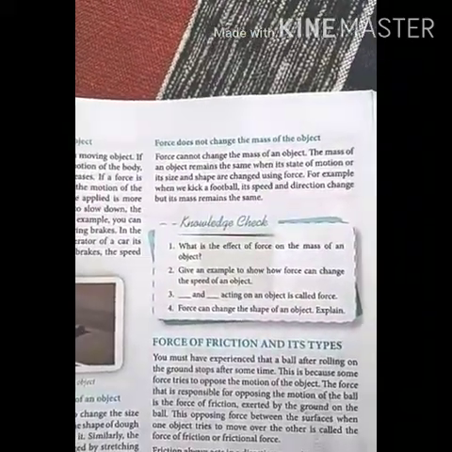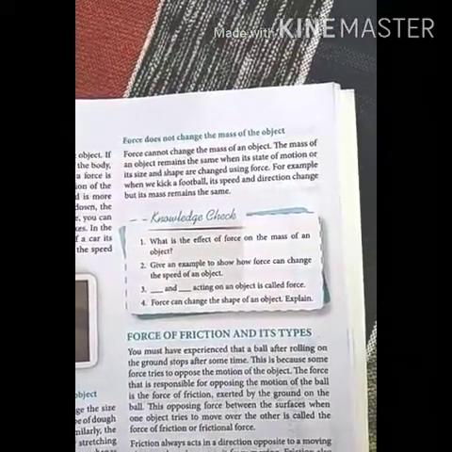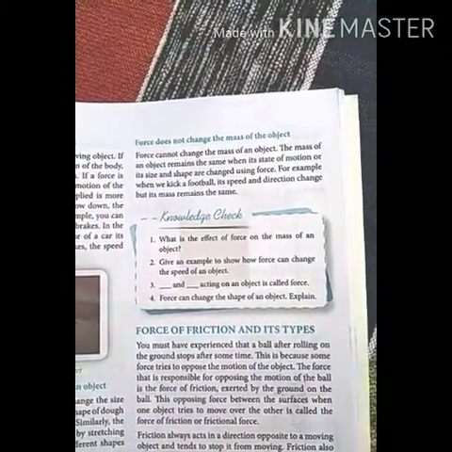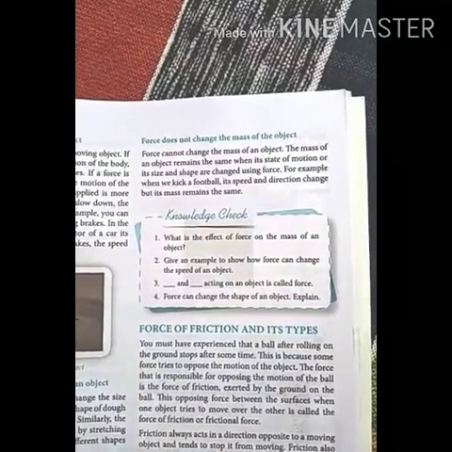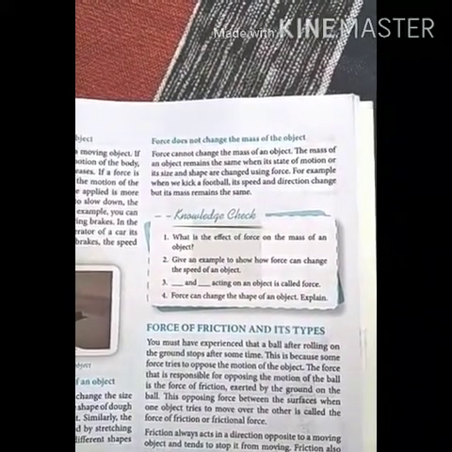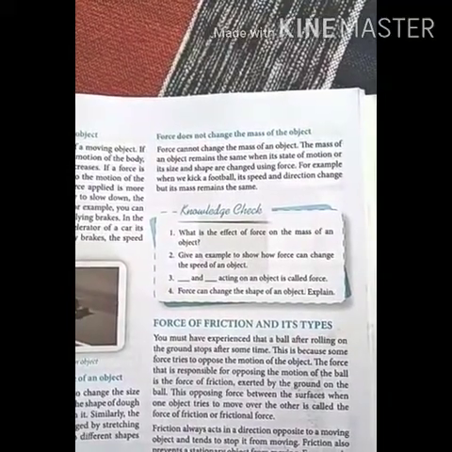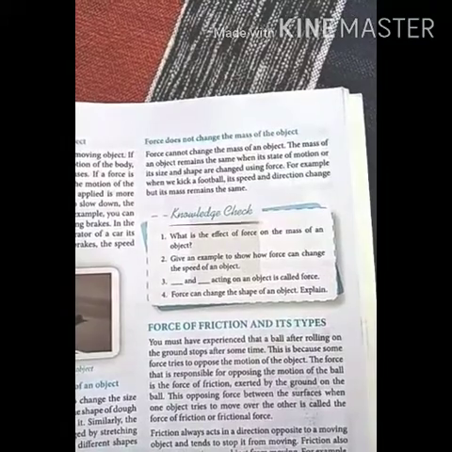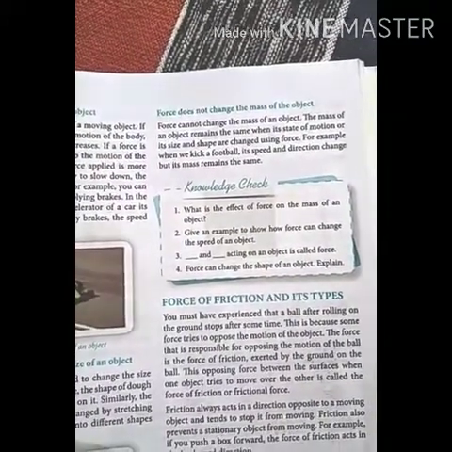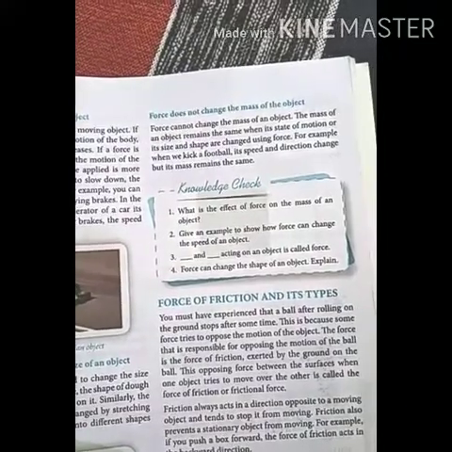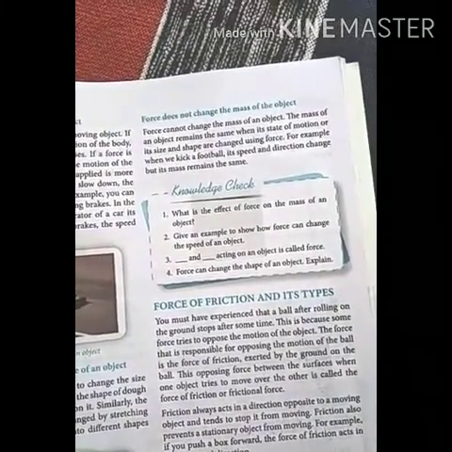Now, force does not change the mass of an object. Force changes the shape and size of an object, changes the speed of an object, stops a moving object, and changes the direction of the moving object. Force can cause an object to move, but it does not change the mass of the object. The mass of the object remains unaffected by the application of force.